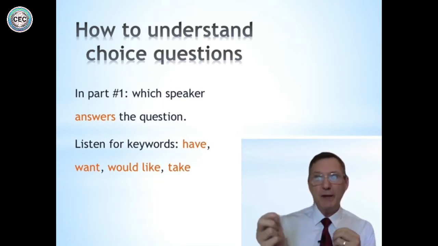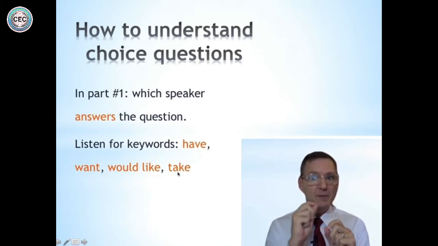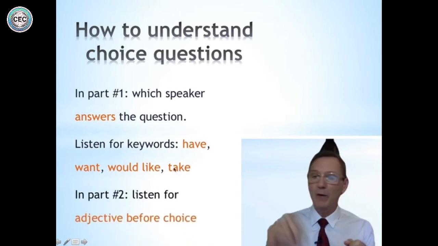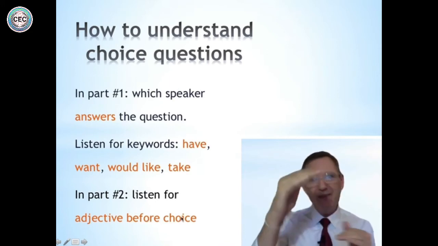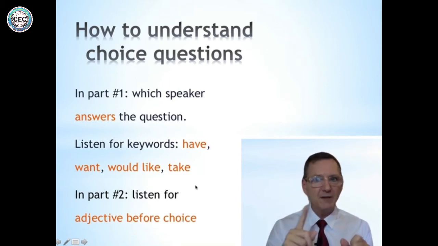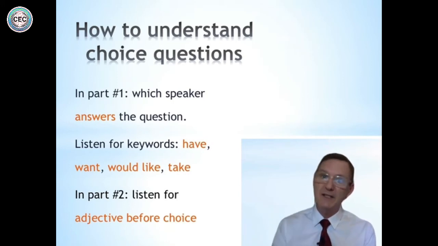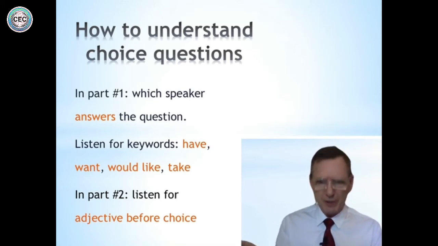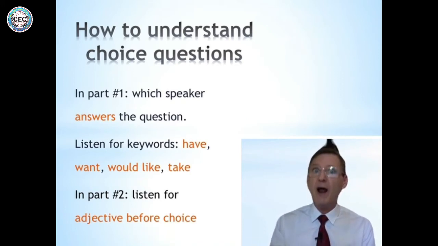In part 2, it's a little bit different, where the speaker is giving a monologue, speaking by themselves. They're going to say many, many different things, and what we want to listen for is the adjective. Could be an adverb, but usually it's the adjective that gives away the answer. Like, we have many resorts in the world, but our best resort is located in France.